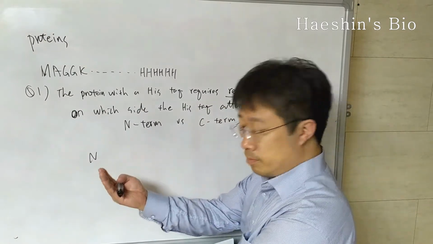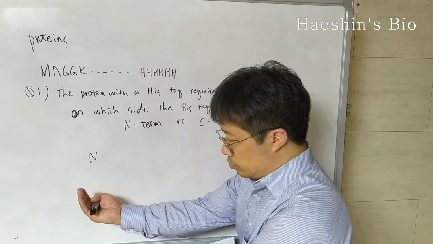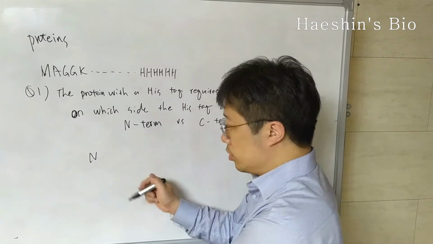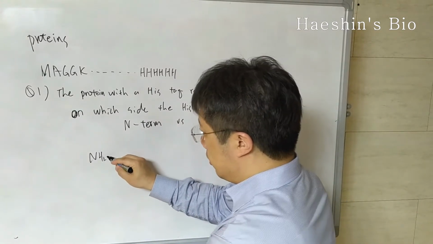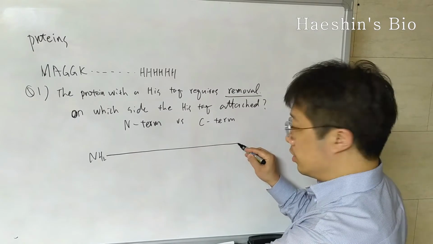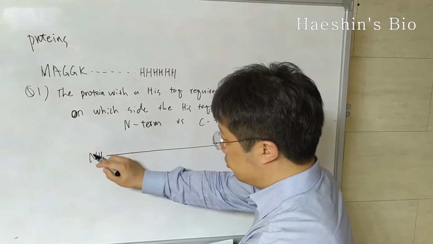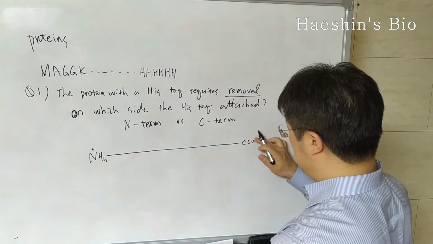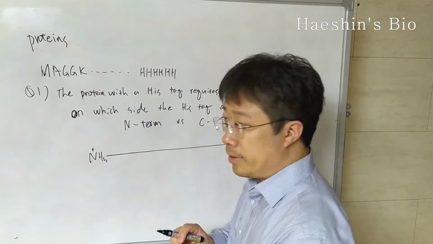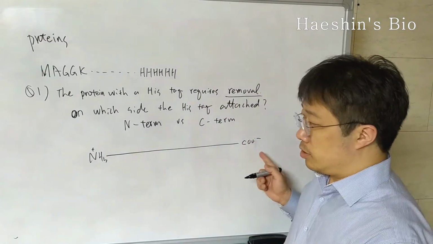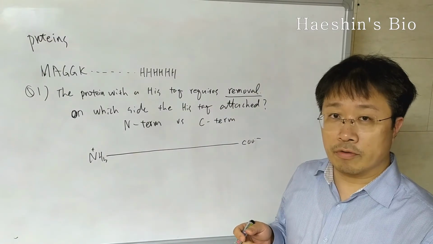When you read the protein sequence, you have NH2, and then it goes through all the amino acids, and then you have a COOH. Right? So in fact, there's an NH3 plus, and this is COO minus in a solution. N-terminus sequence, C-terminus. This is a protein that we want to purify.